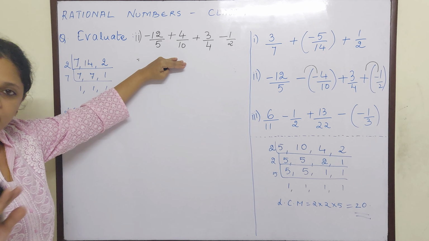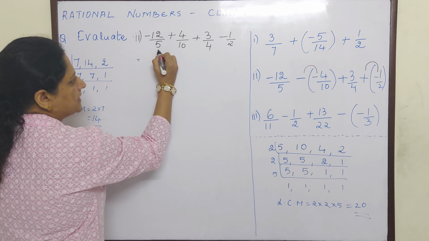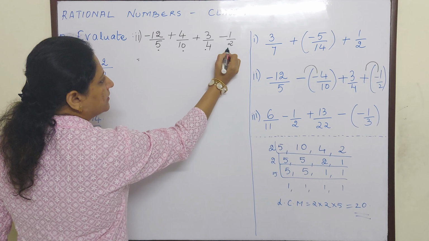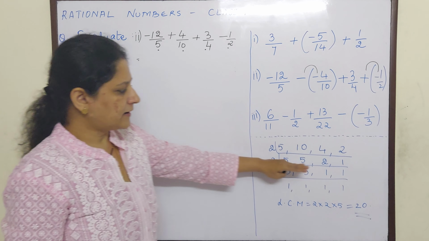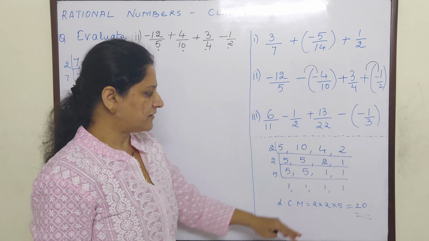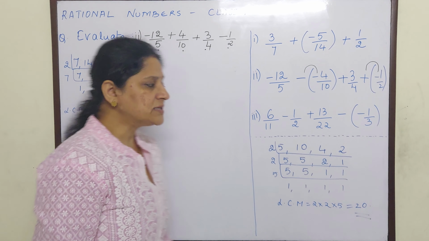They are not equal, so you find the LCM of 5, 10, 4 and 2. Our LCM is 20.